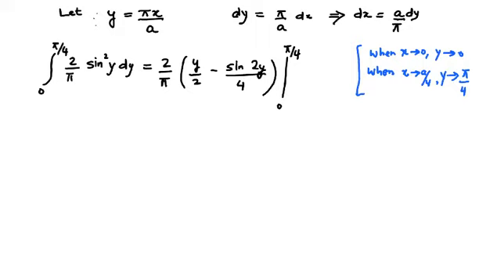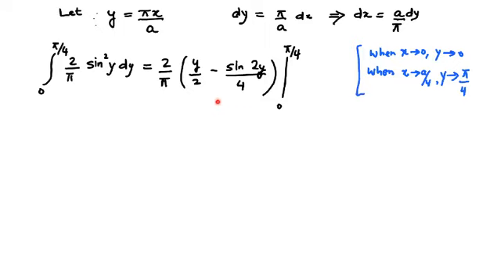In order to solve the previous integral, let's assume y is equal to pi x by a, so that dx is equal to a dy by pi. And because of this substitution, the limit will also change. If x limit goes from 0 to a by 4, now for y the limit will go from 0 to pi by 4.